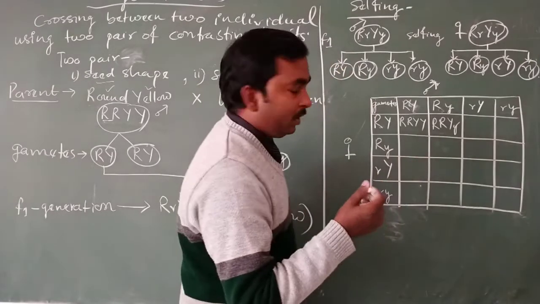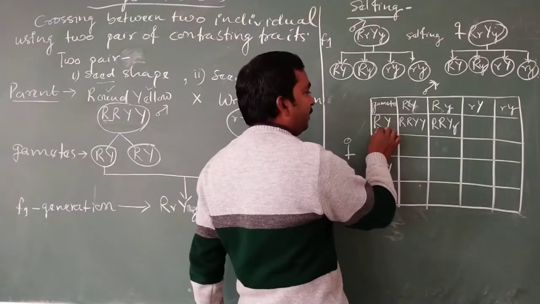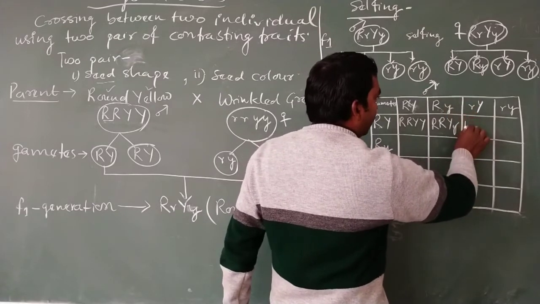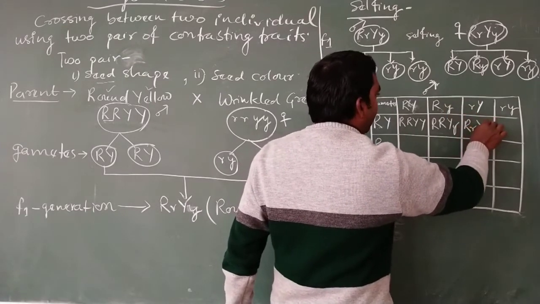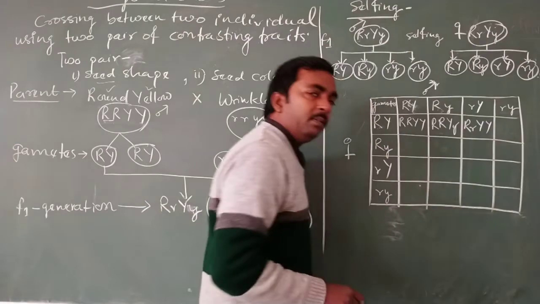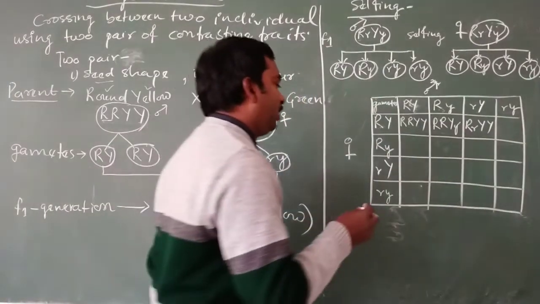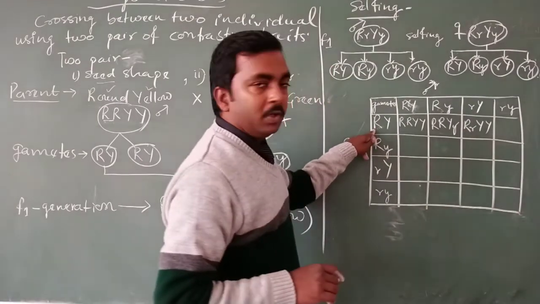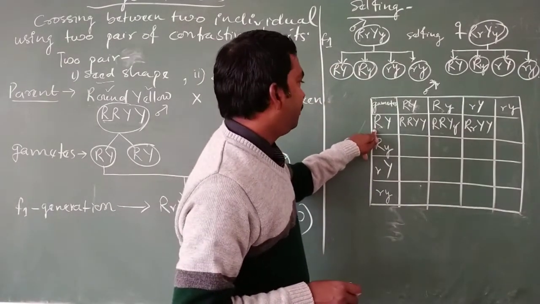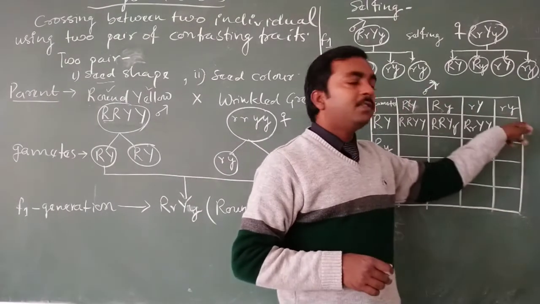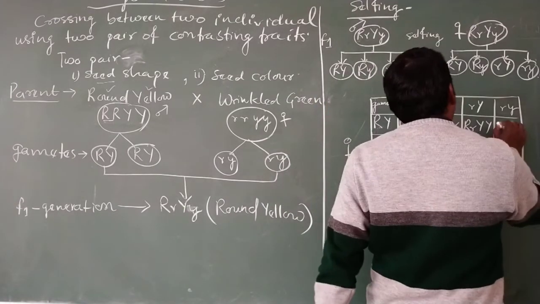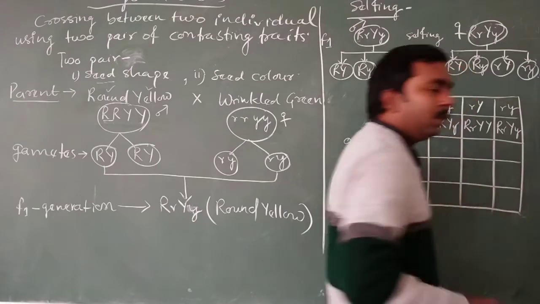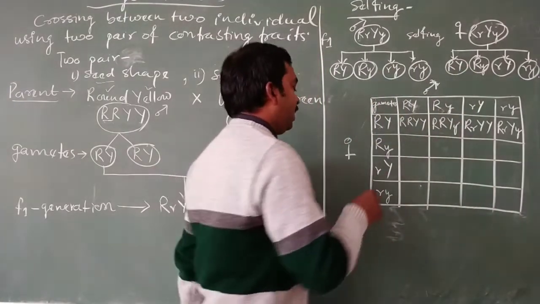Then if this female gamete fuses with this male gamete, then capital R, small r, capital Y will be the possible product or zygote. Then if the first gamete of female fuses with the last gamete of male, then capital R, capital Y, small y will be the possible zygote.